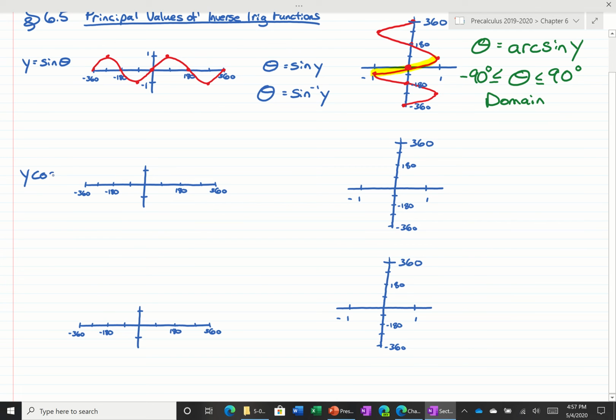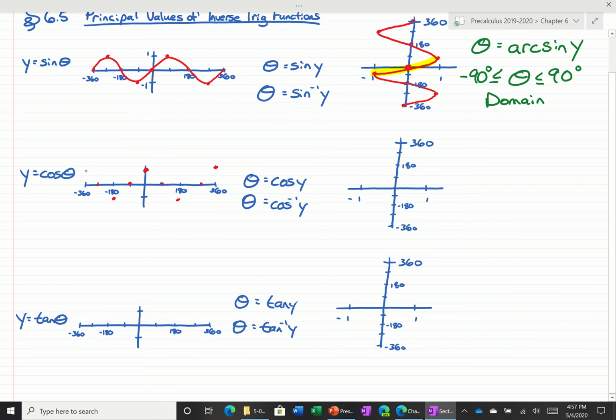We'll graph cosine of theta, and we'll graph tangent of theta. And then we will graph their inverses. Okay, so to graph cosine, we know it starts at 1, 0, negative 1, 0, 1.